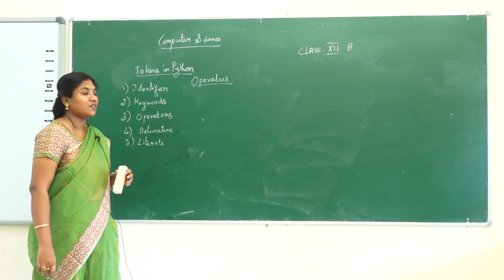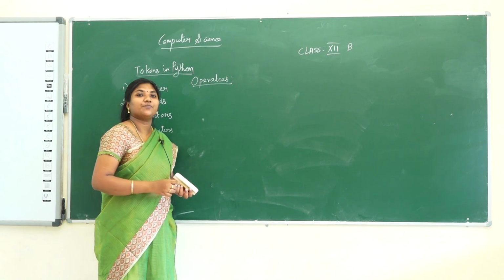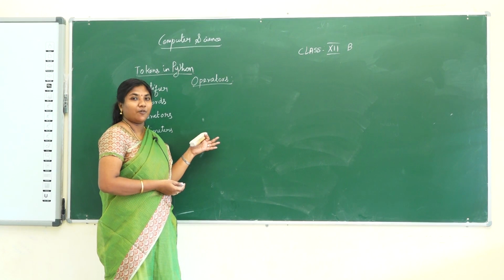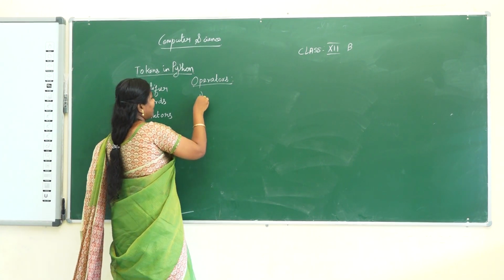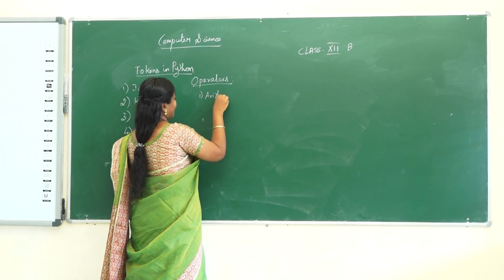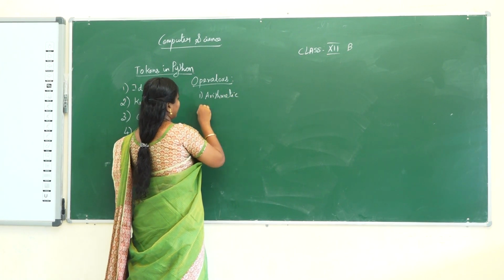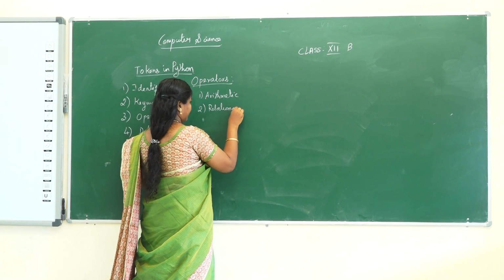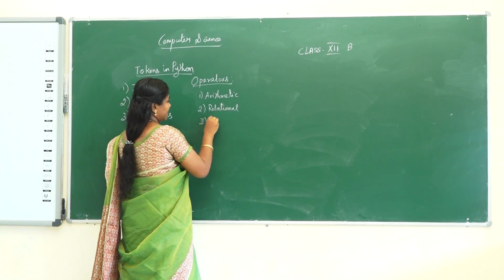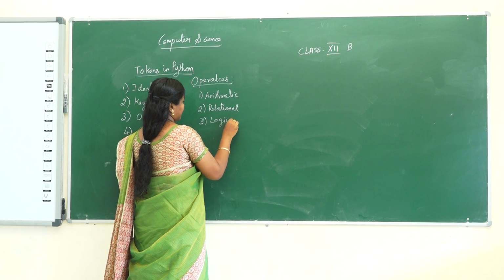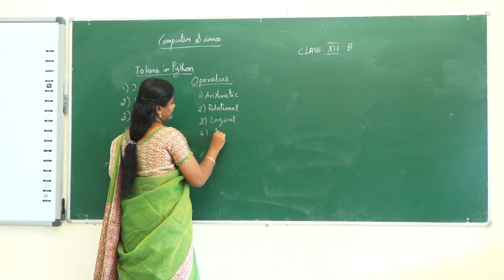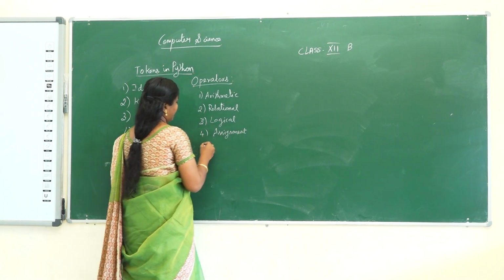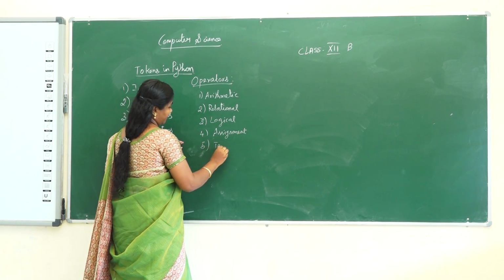So operators. What are operators? They are used to perform some operations. There are many types of operators in Python. Some of them are arithmetic, relational, logical, assignment, and the fifth one, ternary operator.